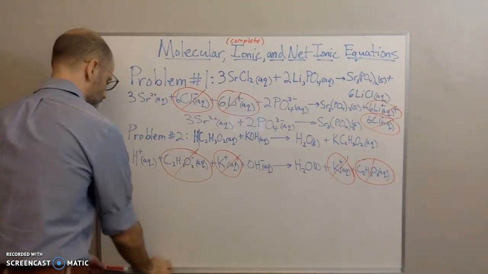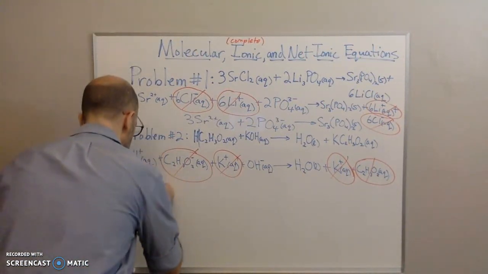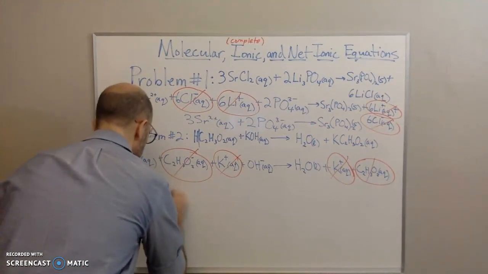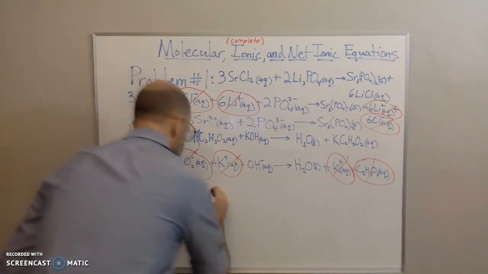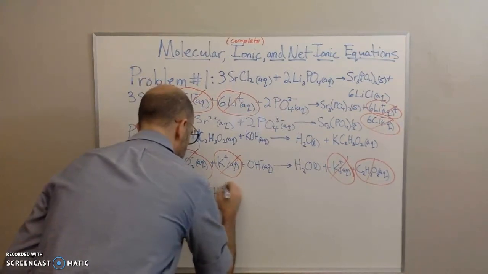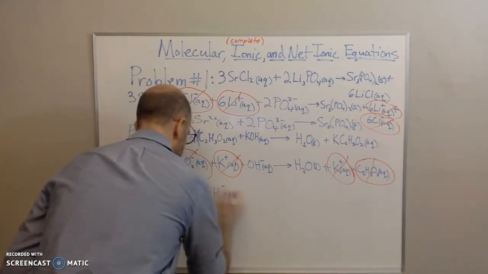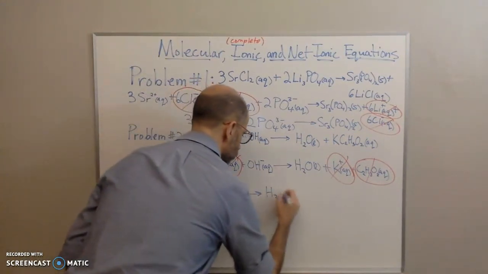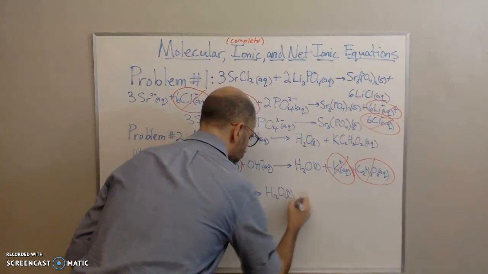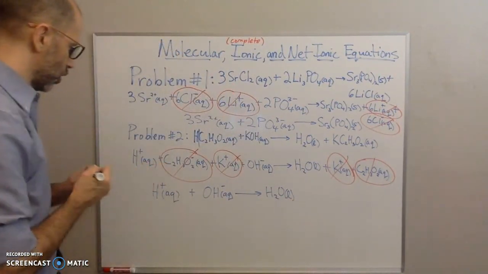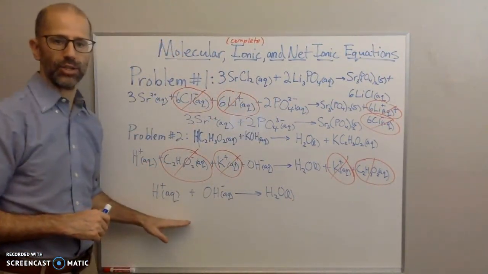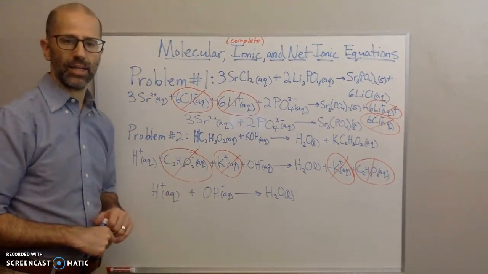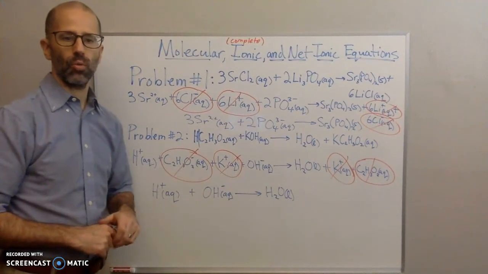And so the net ionic equation is going to be H+ aqueous plus OH- aqueous, and that's going to form H2O liquid. And so this is our reaction. So this is the net ionic equation that forms water.